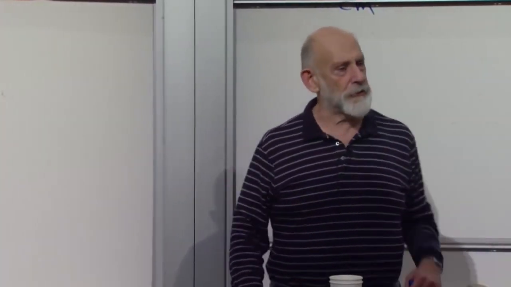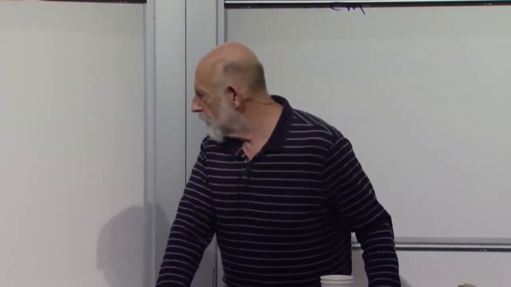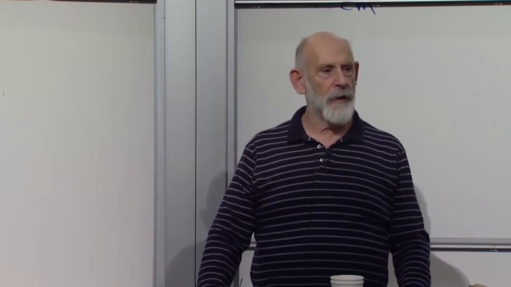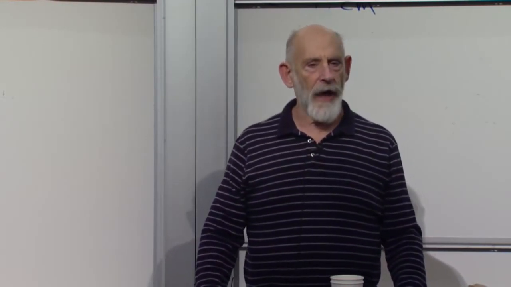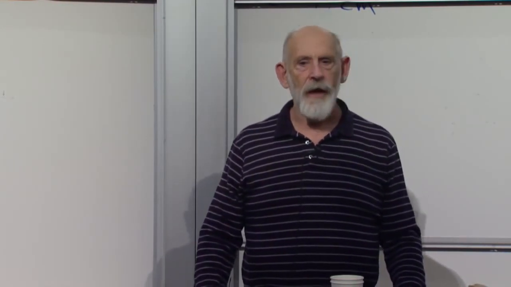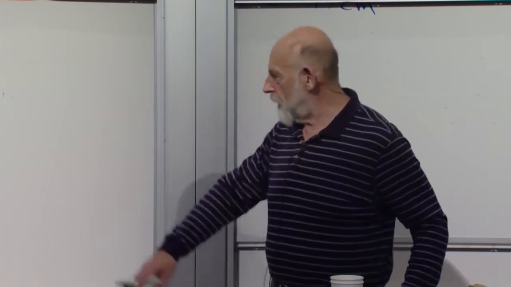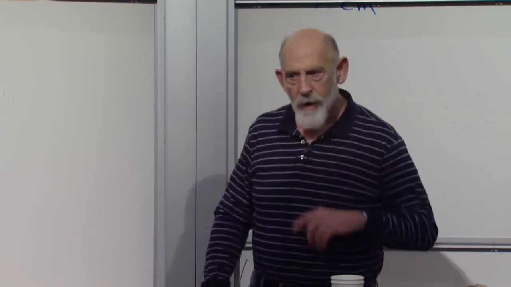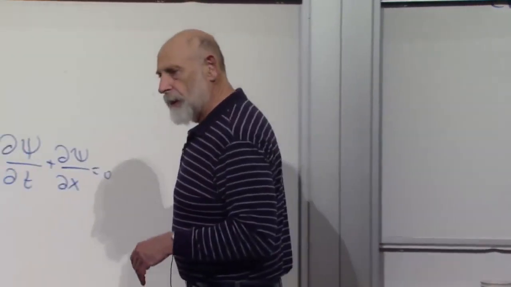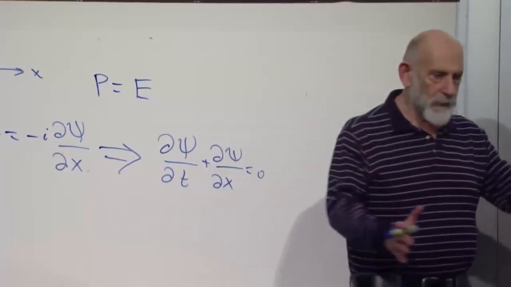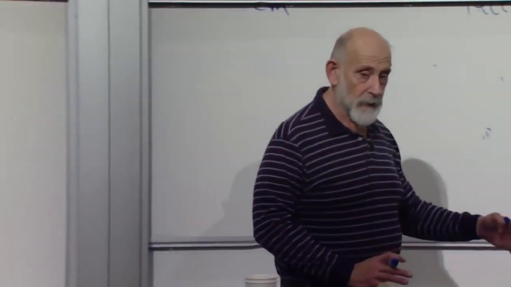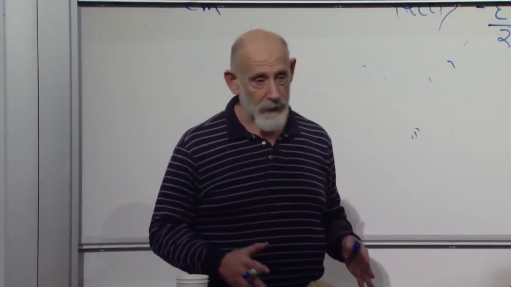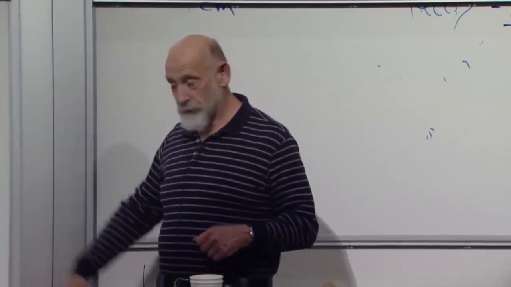What are the solutions of such an equation? They're functions of x minus t. Any function of x minus t will satisfy this equation. A function of x minus t is a wave which is moving along the axis to the right with the speed of light, the speed of light now being chosen to be equal to 1.